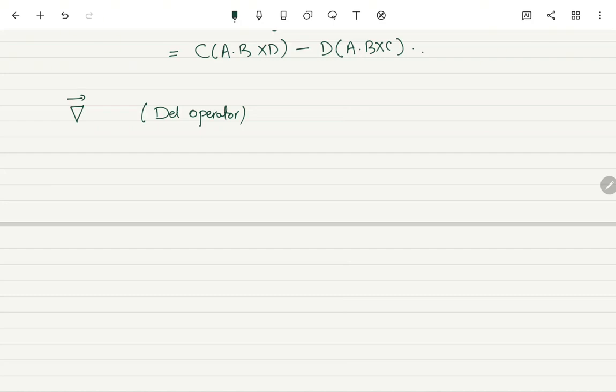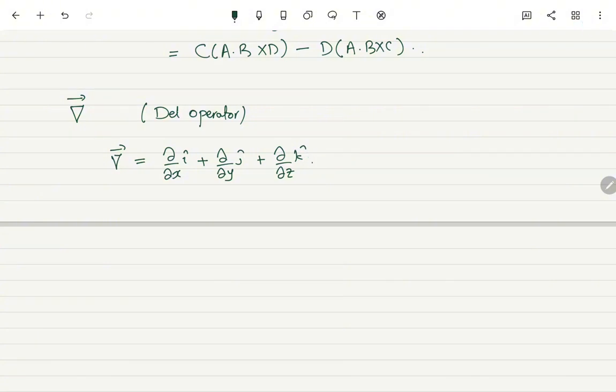The most unique thing about this operator is that it's a vector, and when it applies to any quantity, it modifies and changes it, producing a special quantity in physics. This del operator is equal to partial x i hat plus partial y j hat plus partial z k hat.